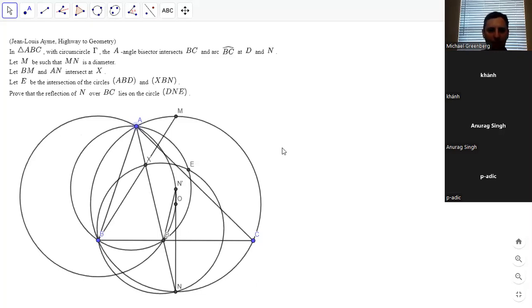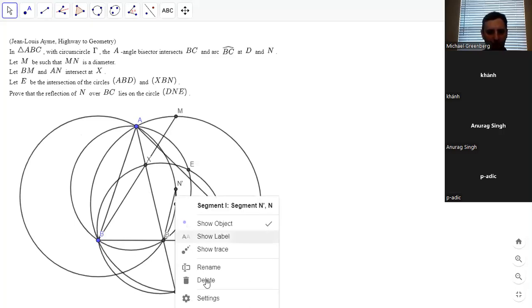Oh, it's obvious by power of a point, because NB times NA is NB squared, which is NO times NN prime. So yeah, it's true by power of a point. Let's actually make this segment all the way to N prime.